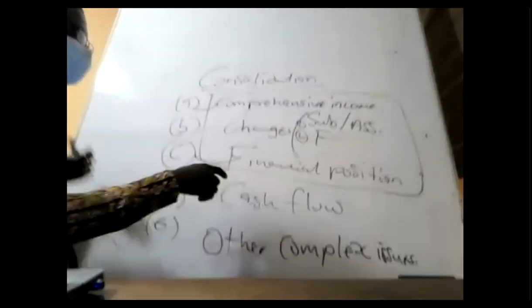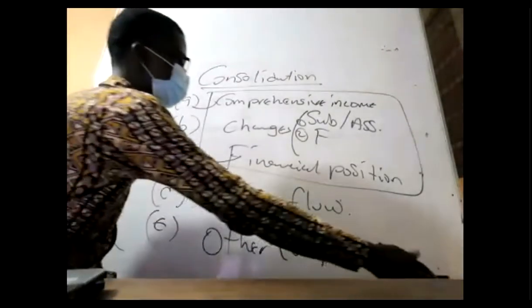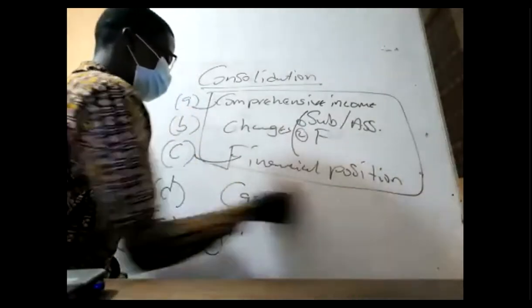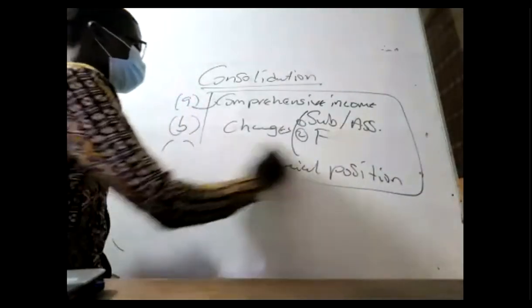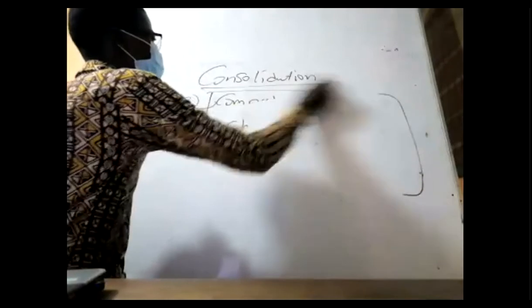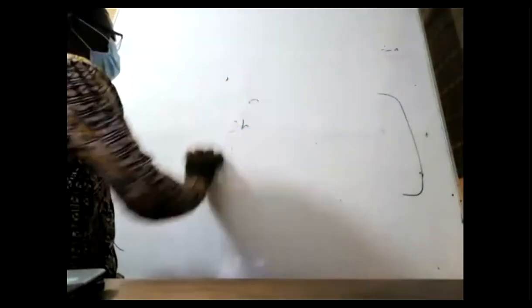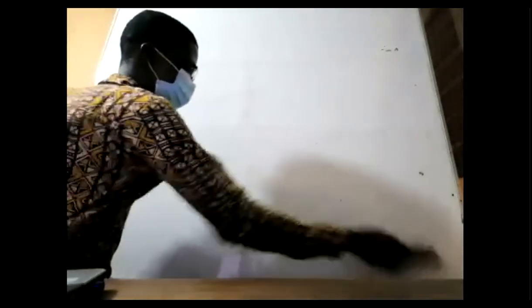So let's start with the consolidated financial position, the balance sheet. How to consolidate the balance sheet. Now, the consolidated balance sheet becomes so easy. So easy. You need 6 to 7 standard workings.